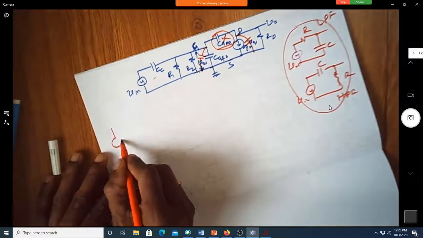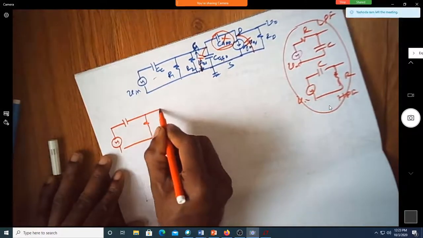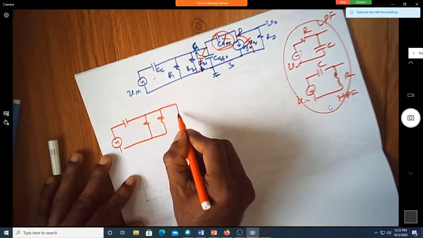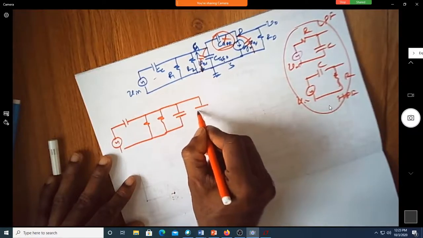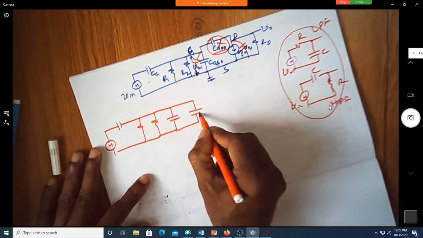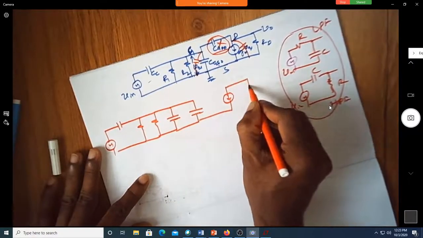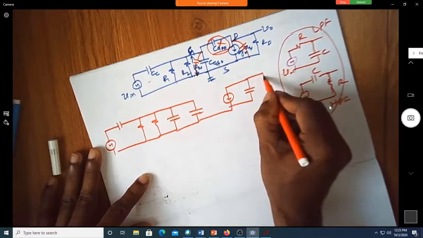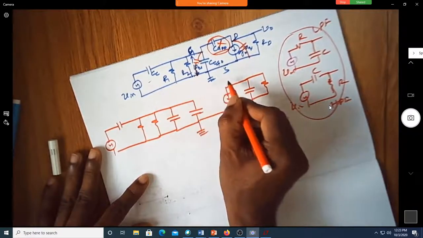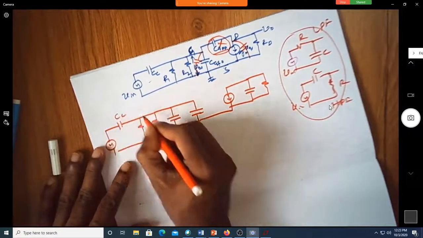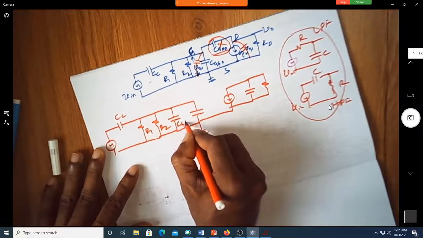So my circuit now reduces to something like this. This is CC, this is R1, this is R2, this is CGSO.